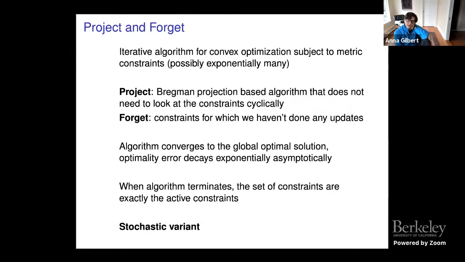It consists of 2 steps, project and forget. The project step is simply a Bregman projection, and it's done in such a way that it doesn't have to cycle through all of these constraints. Then there's a forget step, which says, are there any constraints for which we haven't made any updates? If there are, then just forget them because we've already satisfied them and we can move on.